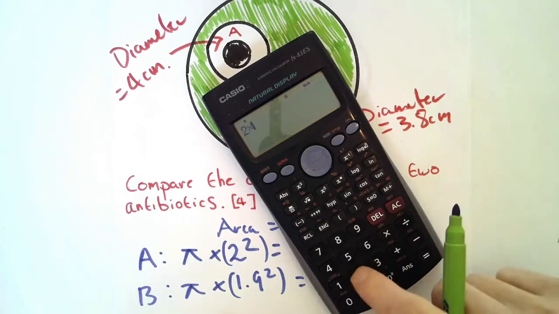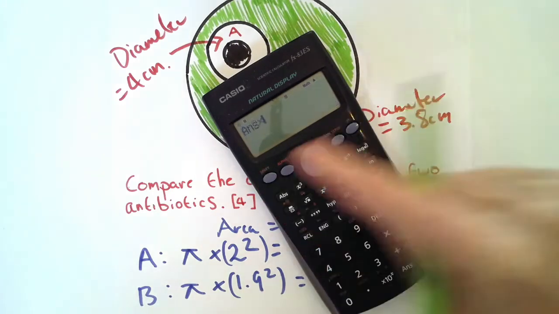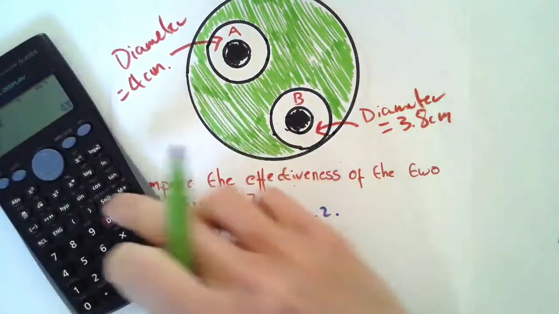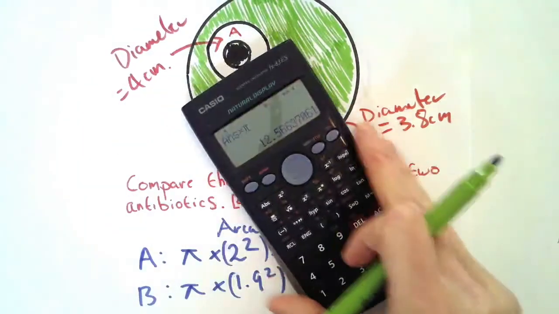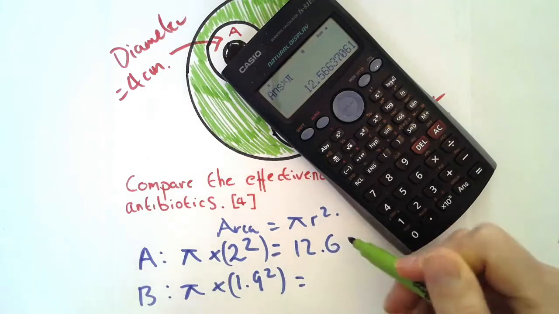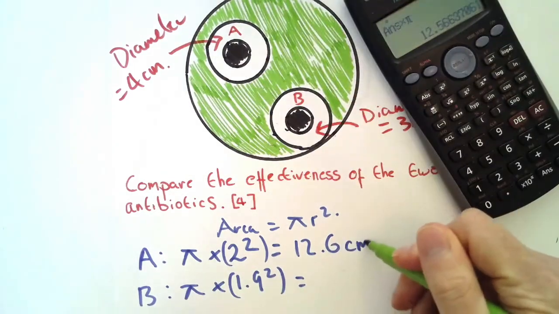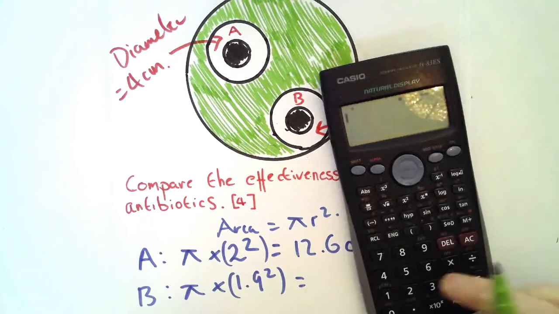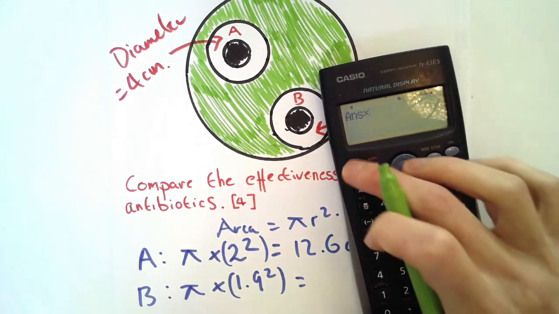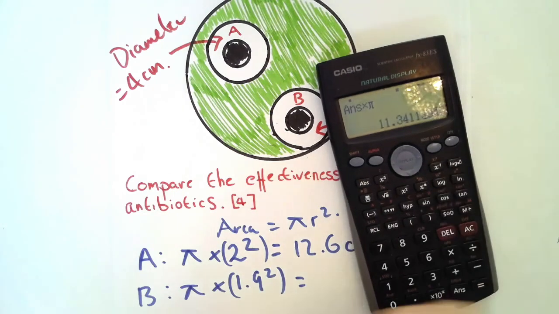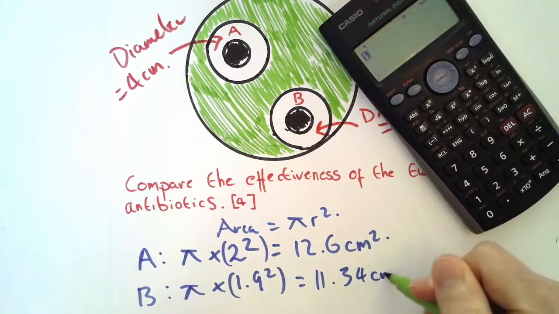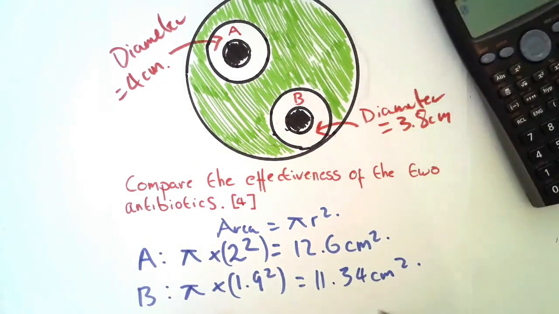So 2 squared, 2 times by 2 times by pi comes out at, you can just see it there, 12.6, and it's still in centimeters squared, and then 1.9 times 1.9 times by pi comes to 11.34 centimeters squared.